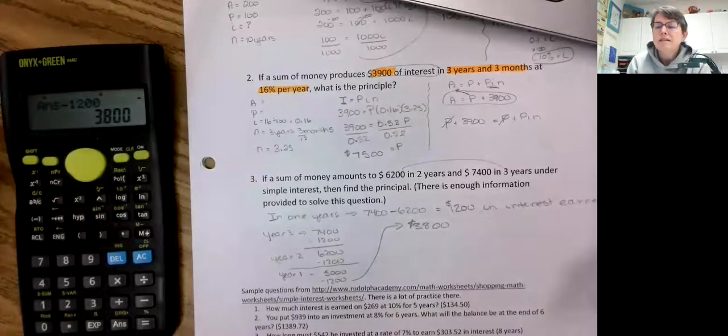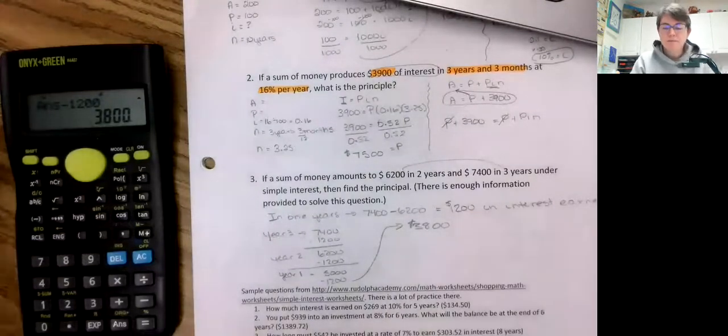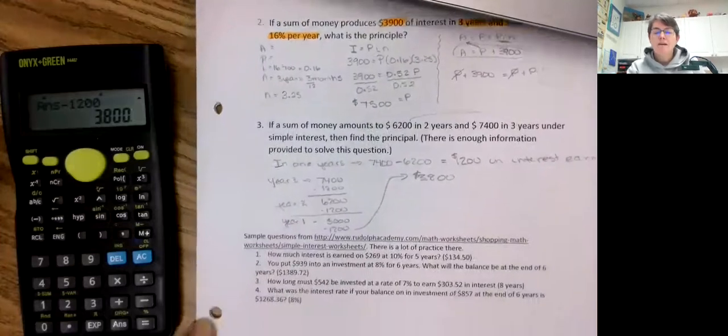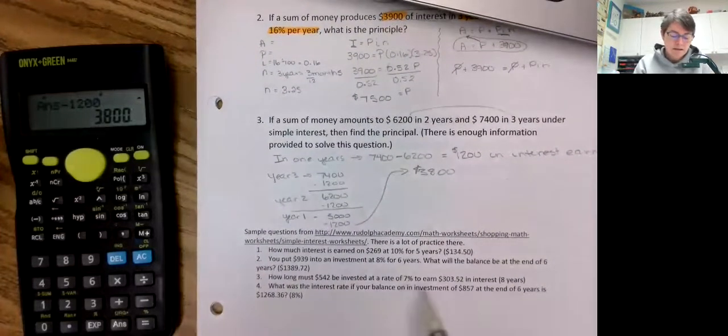I'm not 100% sure how to do that using the formula. So occasionally, you might have to just use reasoning. And I might come back later and do an extra video if I can figure out how to do this one using the formula.